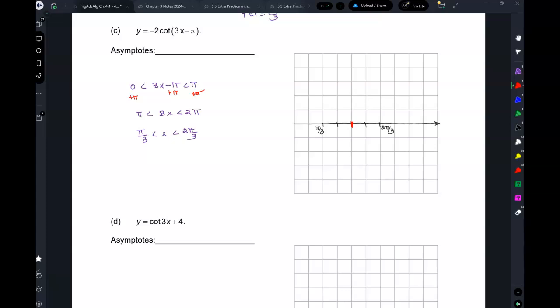Okay, this is halfway between pi over 3 and 2 pi over 3. So this is halfway of 3 pi over 3. What's 3 pi over 3? Pi. So this is pi over 2.